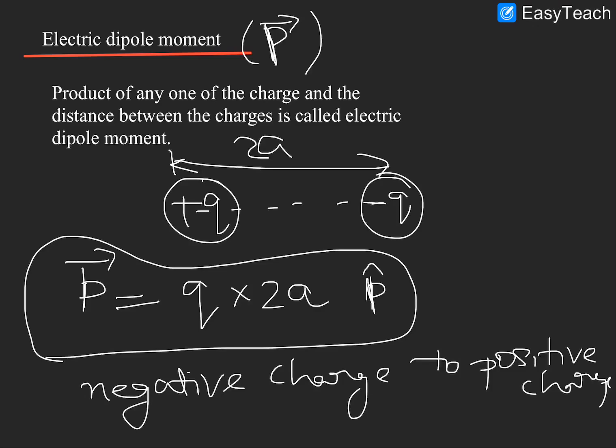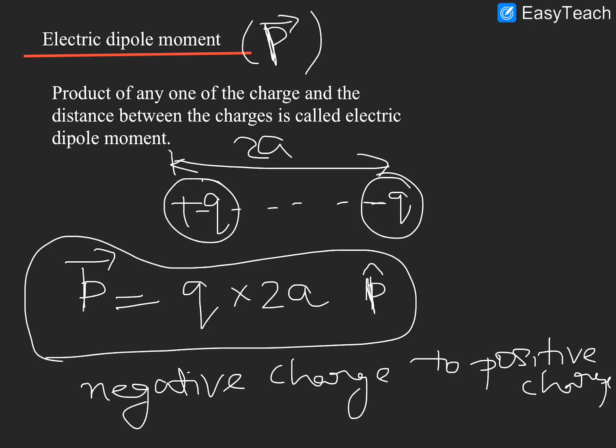By definition, dipole moment is a quantity which is nothing but the product of any one of the charge and the distance between the charges, and its direction is always from negative charge to positive charge. When I discussed the electric field, I said that electric field direction is always from positive to negative, whereas in the dipole moment case, the dipole moment direction is always opposite to that of electric field. Electric field is from positive to negative, whereas electric dipole moment is from negative charge to positive charge.